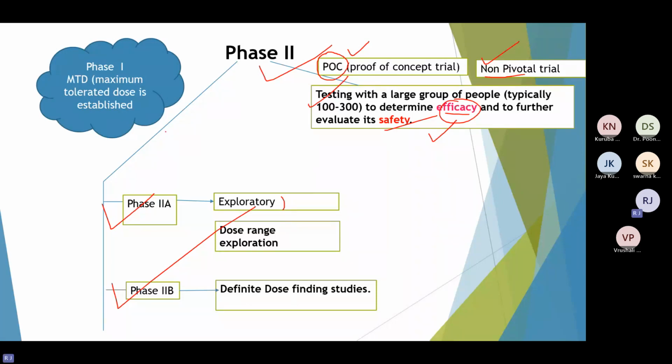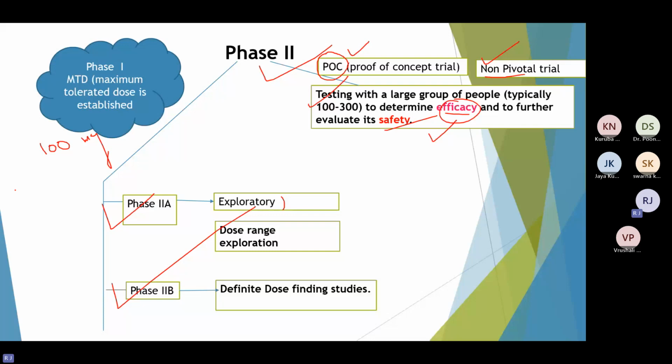For example, in phase 1, we have determined the maximum dose that a person can tolerate, right? For example, 100 mg is the dose of the drug which can be tolerated by any subject. Then what do we do?